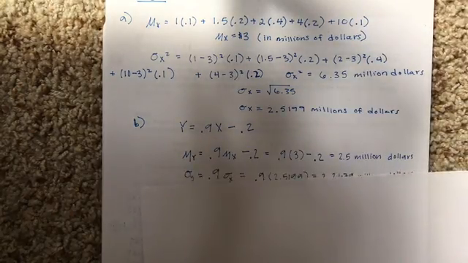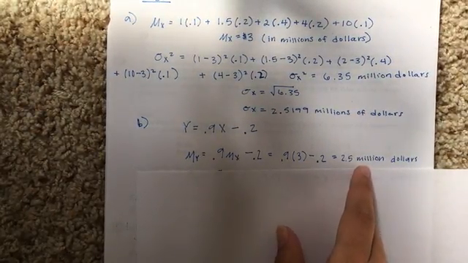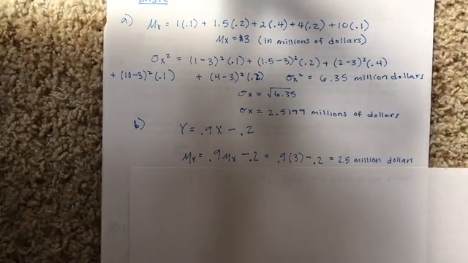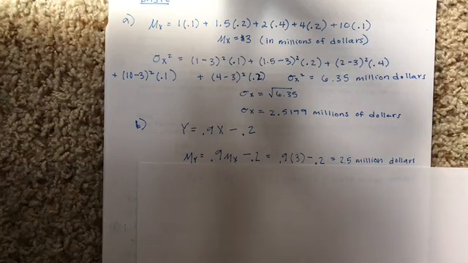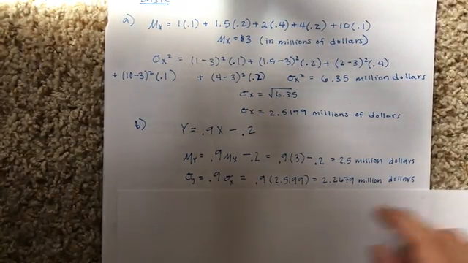So when we plug in the mu, which is 3, we get the new mu of Y to be $2.5 million.